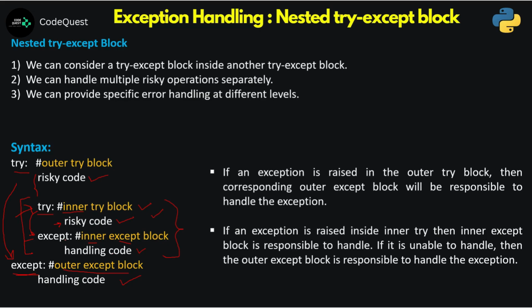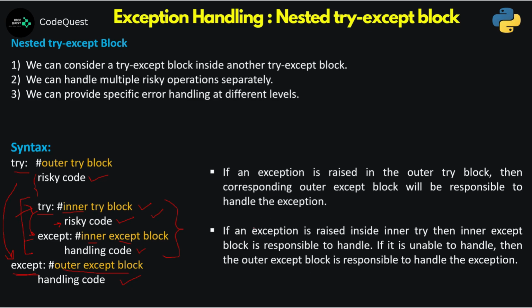Now let's imagine this except block is able to handle the exception that occurred in the inner try block. Then of course the inner except block will execute. In case the inner except block is unable to handle this exception, then the responsibility comes to the outer except block.